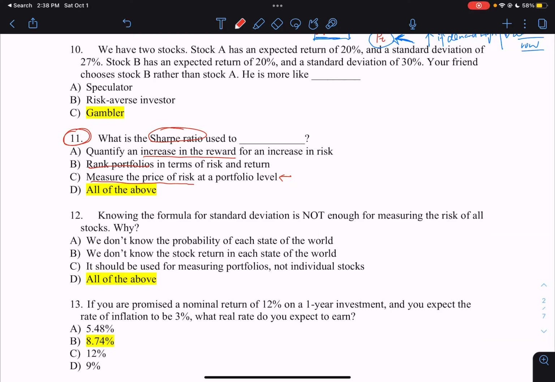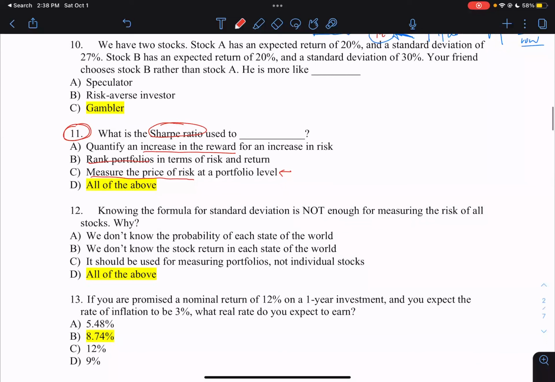I know many people don't like math, but sometimes if you quantify some terms, then you're able to rank them. You're able to make a decision rather than just vaguely or roughly knowing what's going on. That's the reason why people started to use things like the Sharpe ratio and the coefficient of risk aversion. They try to quantify things to get a specific number so that they can make a decision.